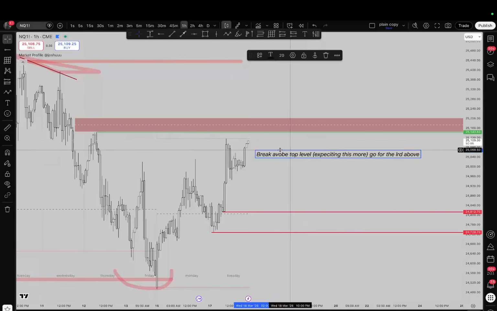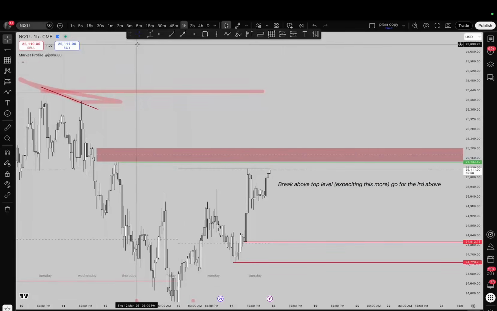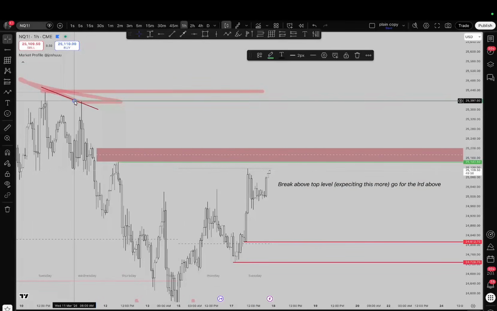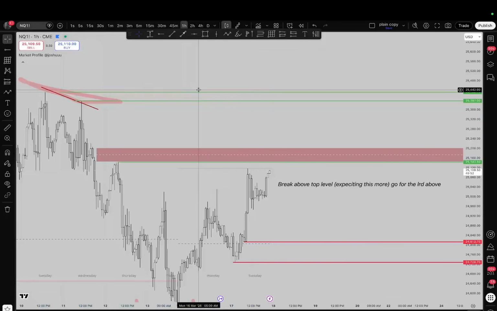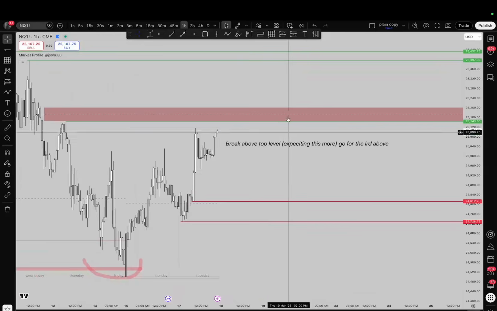Go for the low resistance draws above, which will be these two. Boom. Boom. Okay.